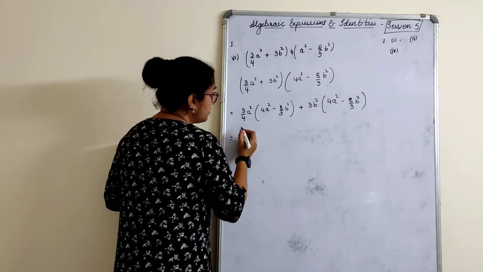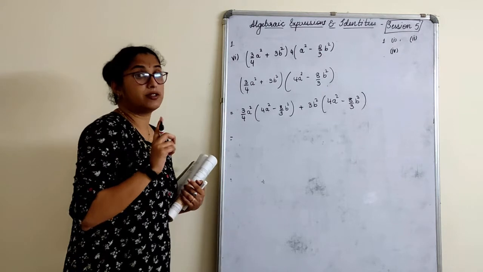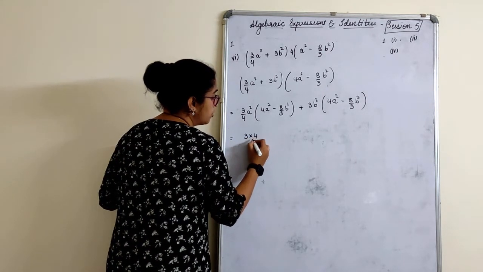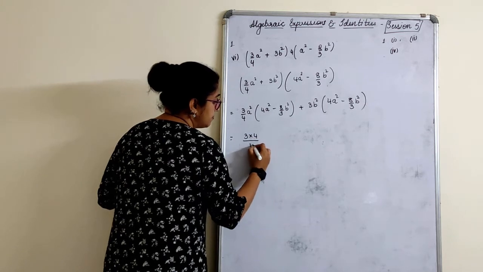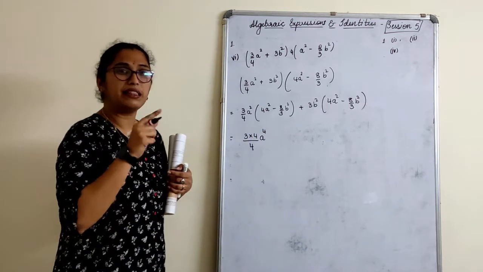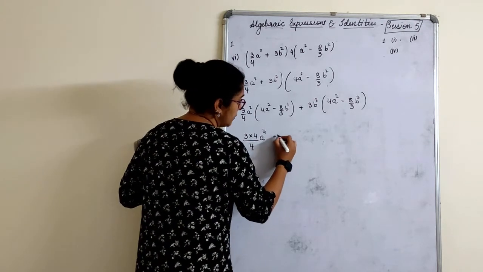Multiply this. Now do not just multiply and write the answer, because you have a denominator also. Easy for cancellation: 3 into 4 divided by 4 a raised to 4, I can write 3 4s are 12, then 4 1s are. Why unnecessarily? We can cancel it when we have such a thing.